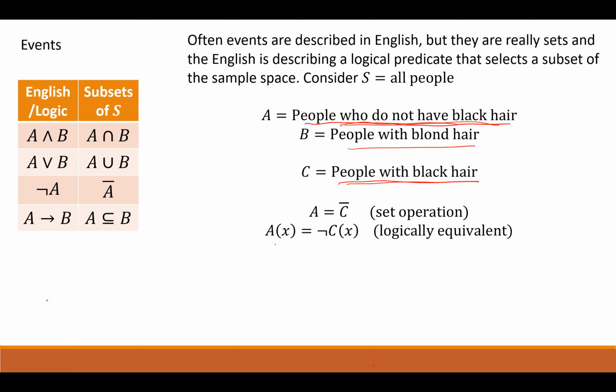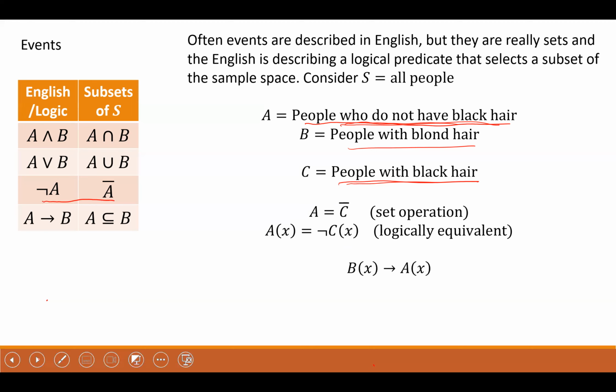Since these both return true or false, I can use the negation here. If it returns true here, then it's going to return false here and vice versa, right? This is the negation symbol, and it just flips true to false or false to true. So these are equivalent in this sense.